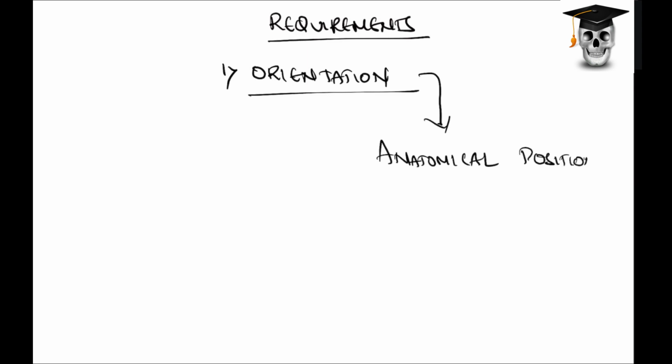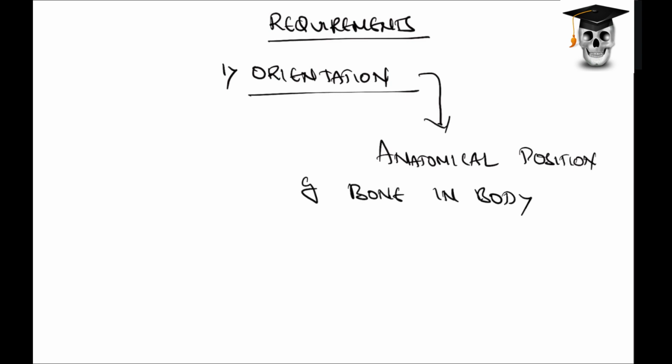When you orient the bone, medial to medial, lateral to lateral, anterior to anterior, posterior to posterior, that gives you the anatomical position of the bone in the body. This is the first part of it.